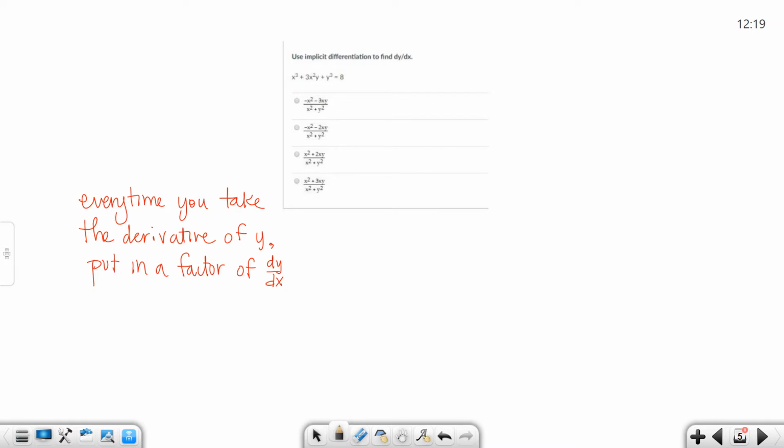Alright, so let's try this one. When I take the derivative of both sides, my first derivative is 3x squared. Then I have some bad stuff. And then my third derivative is 3y squared dy dx. And the derivative of 8 is 0.